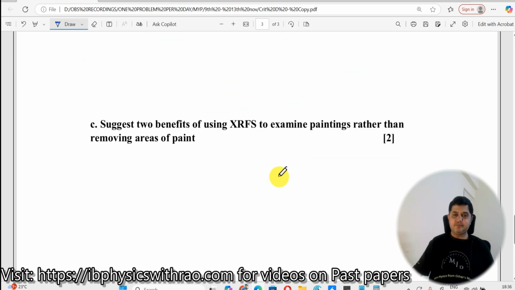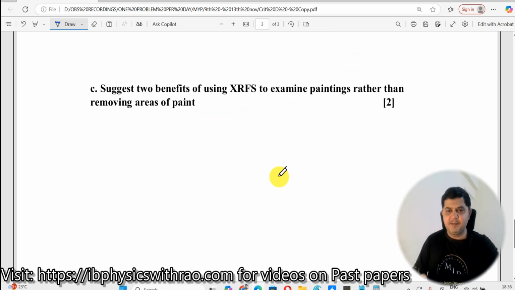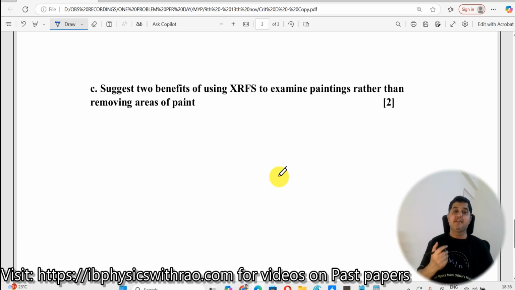Okay. Next, suggest two benefits of using XRF to examine paintings rather than removing areas of the paint. So without removing the areas of the paint, how will this technology be useful?